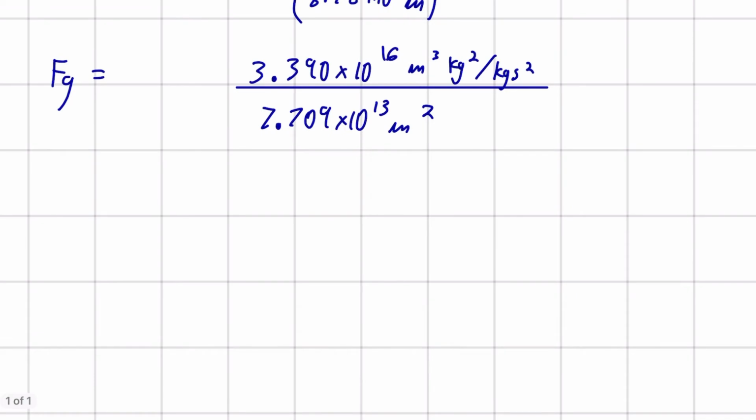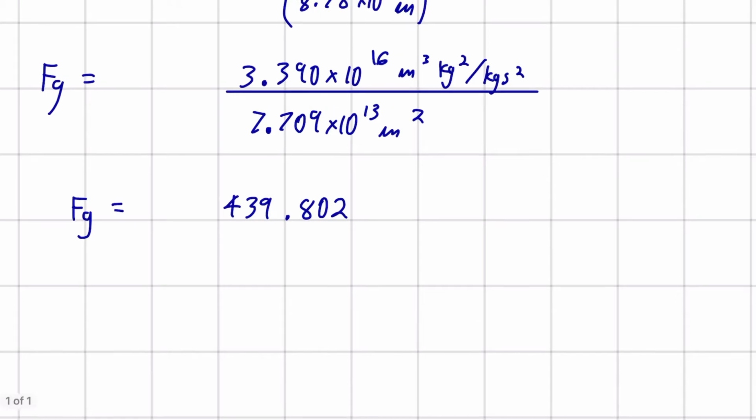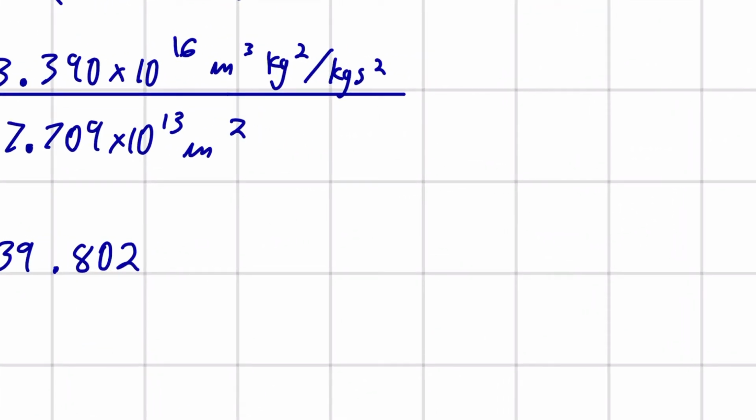So now let's take this down one step further. And we're going to get an answer 439.802. And the units, I'm going to write these out. I'm going to write down all the units that we have here over kilogram second squared, kilogram second squared, meters squared.